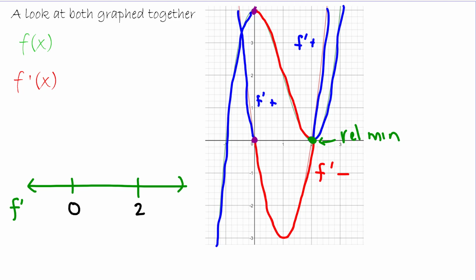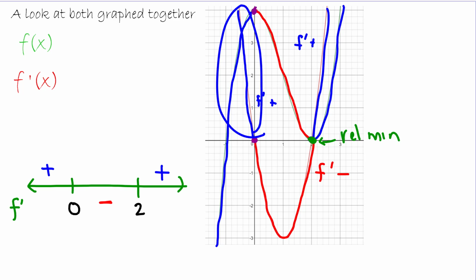They're really special for the graph of f. Before 0, f prime was positive because it was above the x-axis. When x got to 0, it changed, and after 0, f prime is negative. And then right after 2, f prime was positive again.